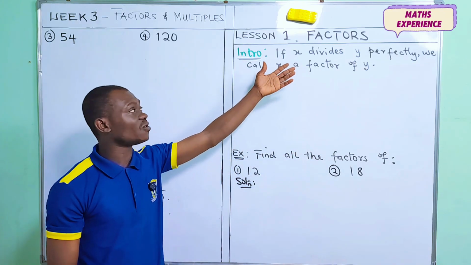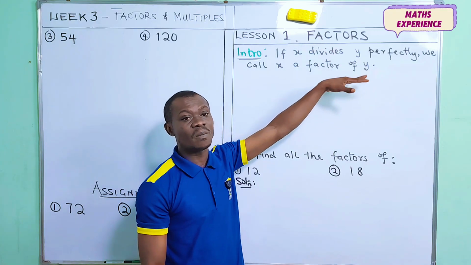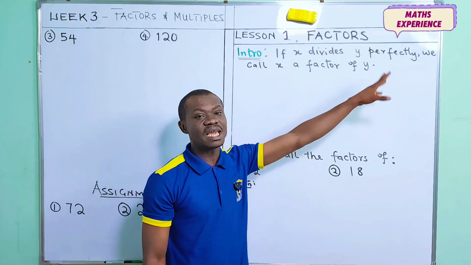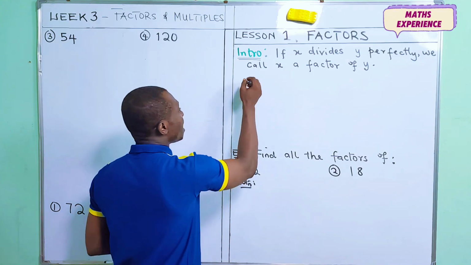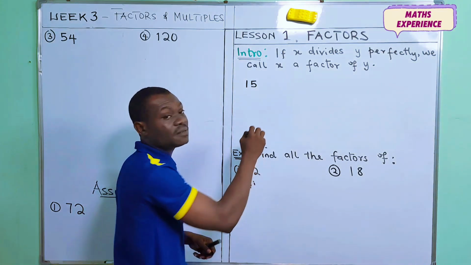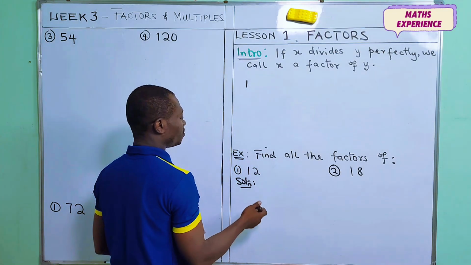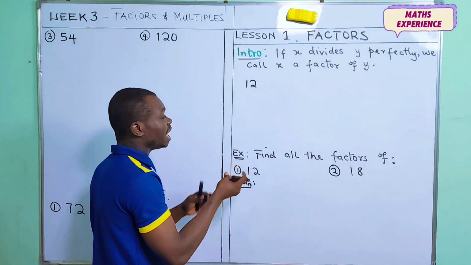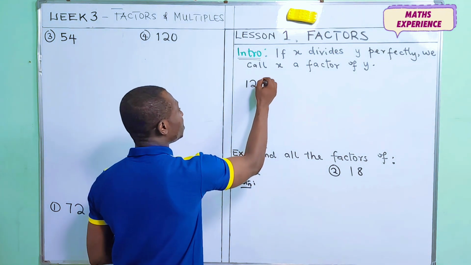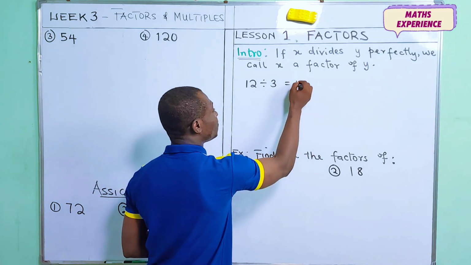So what is a factor? For our lesson for today, we said that a factor is a whole number or any number that divides another number perfectly. Let's use the example we have below, that is 12. I know that 12 can be divided by 3 perfectly, and that is going to give me 4.